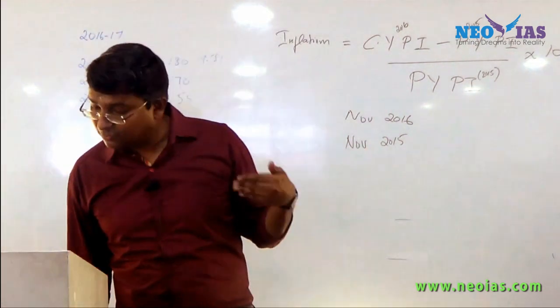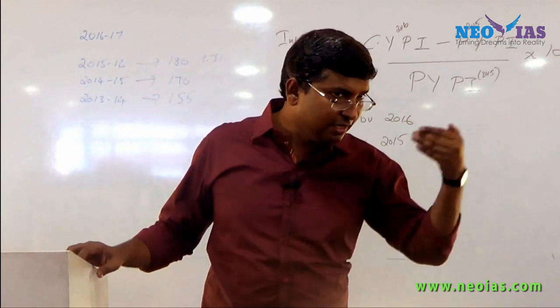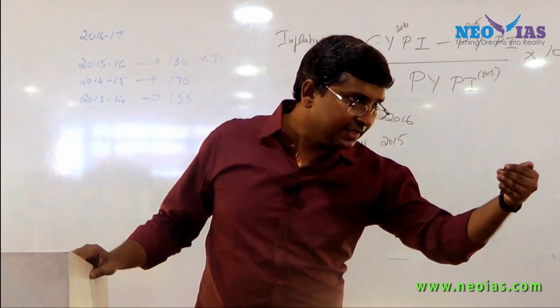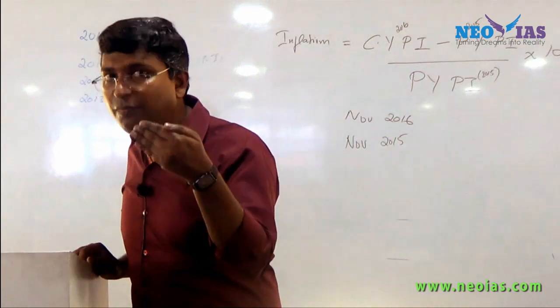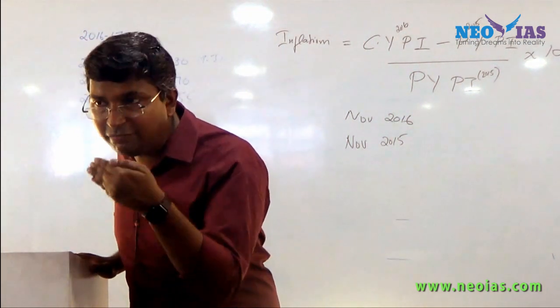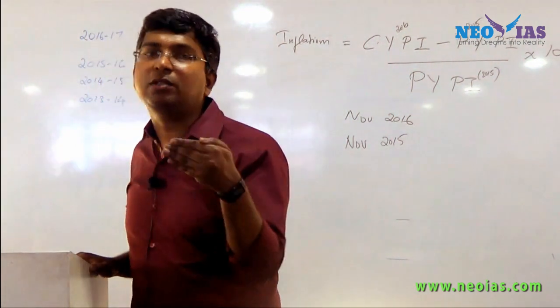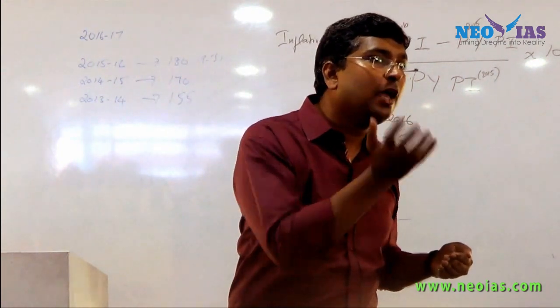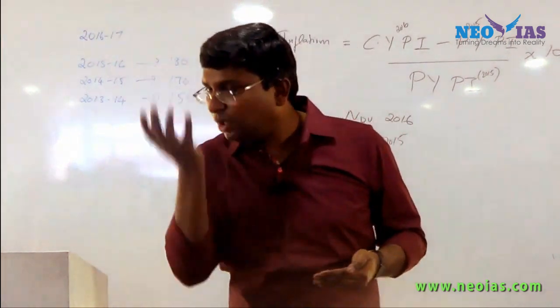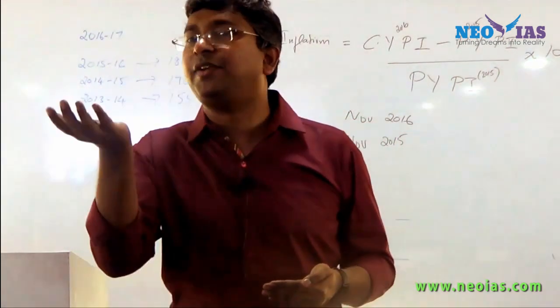So here the inflation has come down not because of anything else, but because of the influence of the previous year index. And this is what is called the base effect.